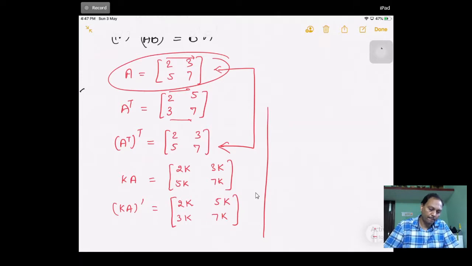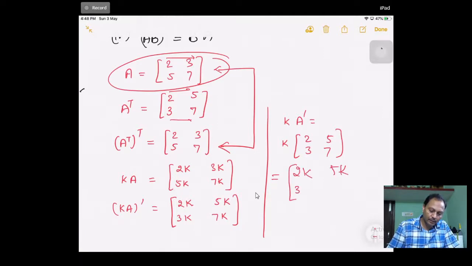Now see, the transpose of that matrix multiplied by k, that is k times the transpose of that matrix, which is 2, 5, 3, 7, is 2 times k, 5 times k, 3 times k, 7 times k.